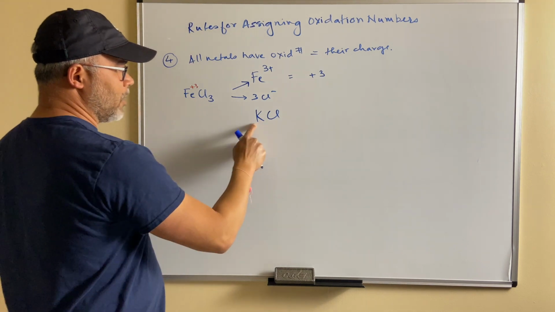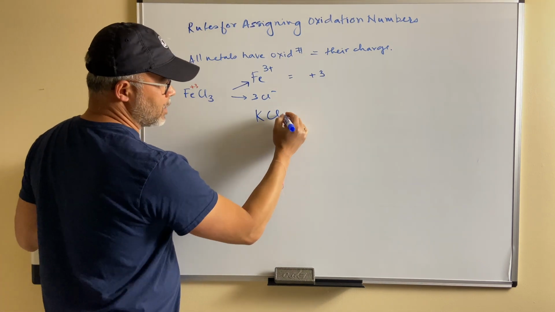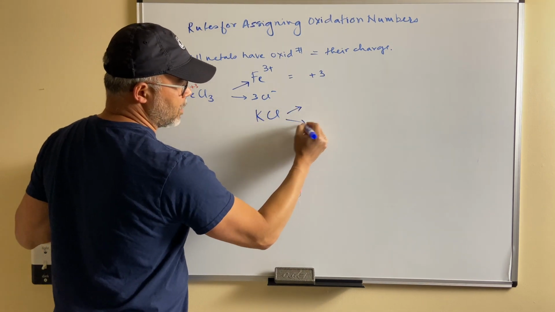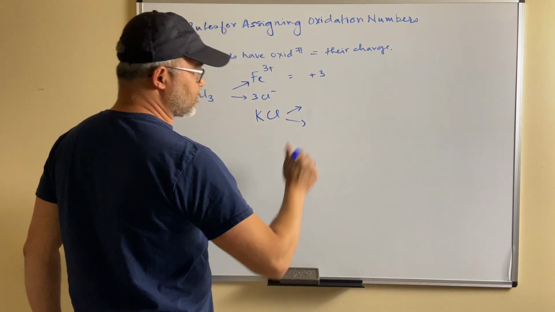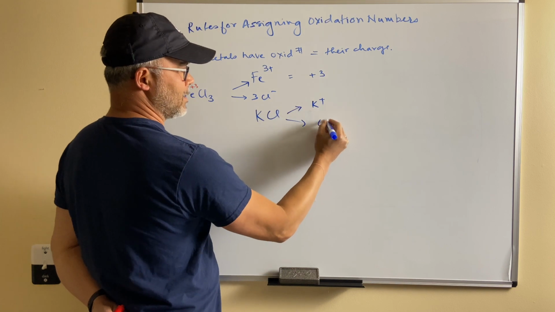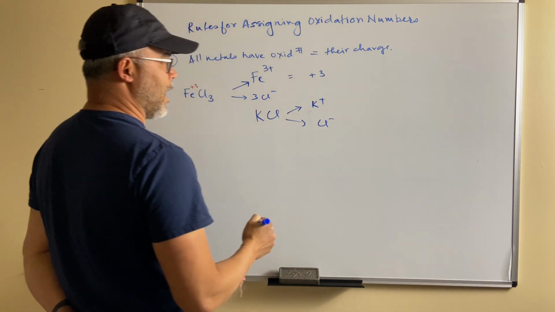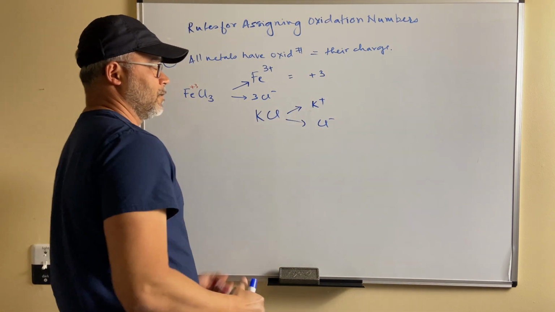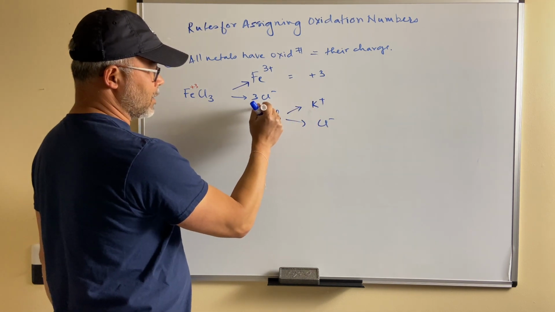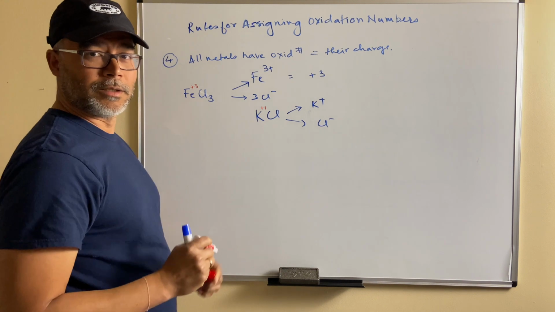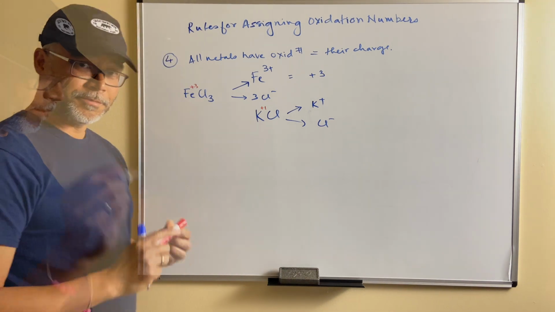Same thing with KCl. If you split KCl into its ions, it would be K+ and Cl-. The oxidation number of K is the same as the charge on the ion, but we write it as +1. I hope that made sense.